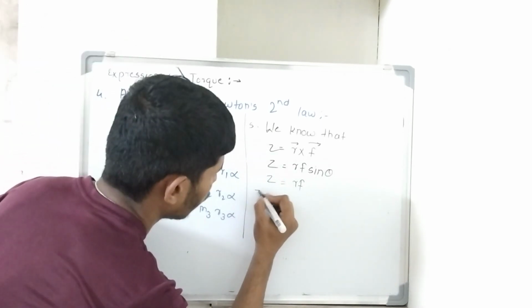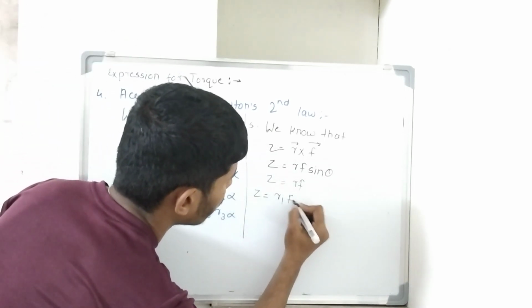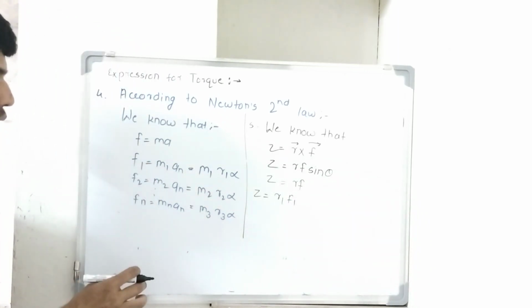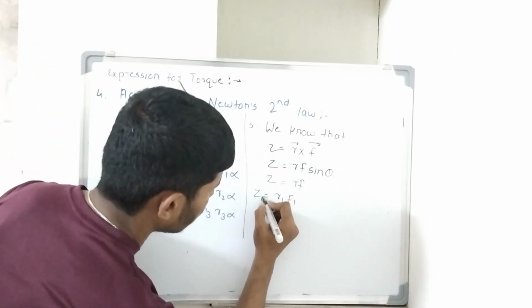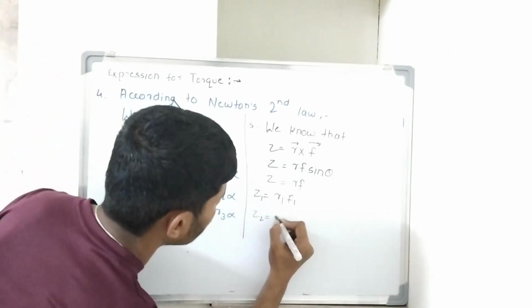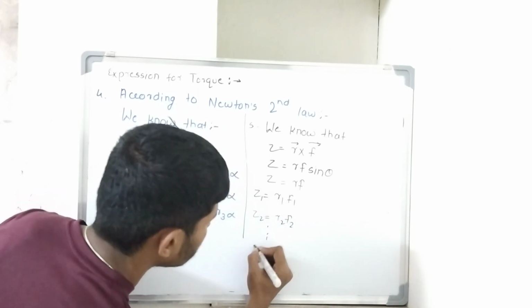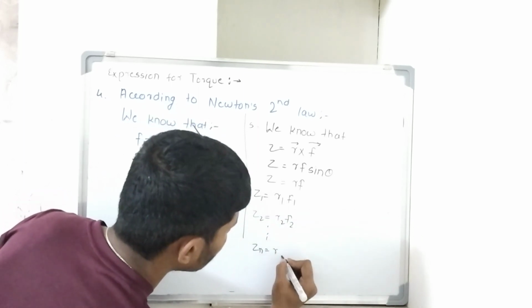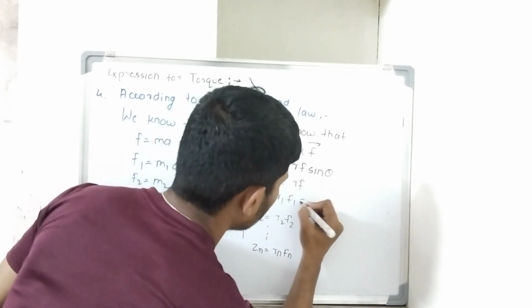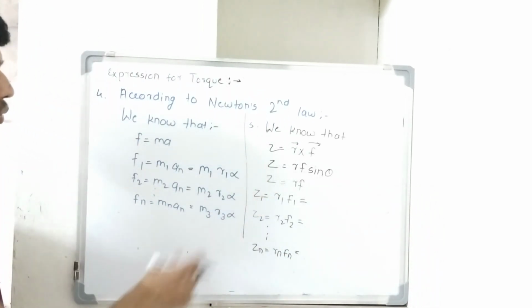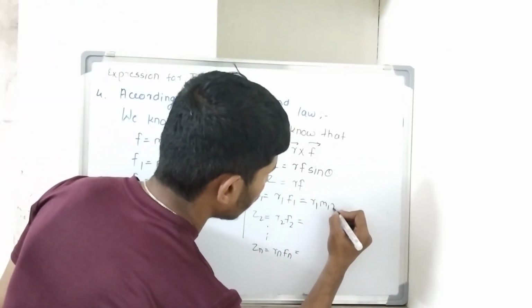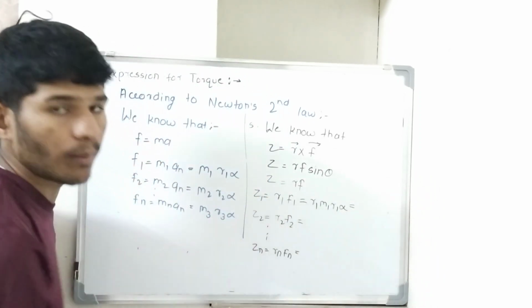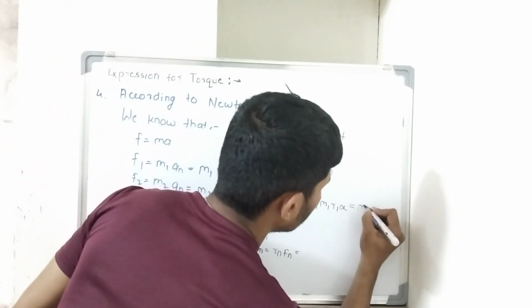Now we will simply put the value of all the F in the expression of torque. So tau 1 is equal to r1 F1, then tau 2 is equal to r2 F2, such that tau n is equal to rn Fn. What is the value of F? That is m1 r1 alpha. So r1 r1 will become r1 square, and it will become m1 r1 square alpha.